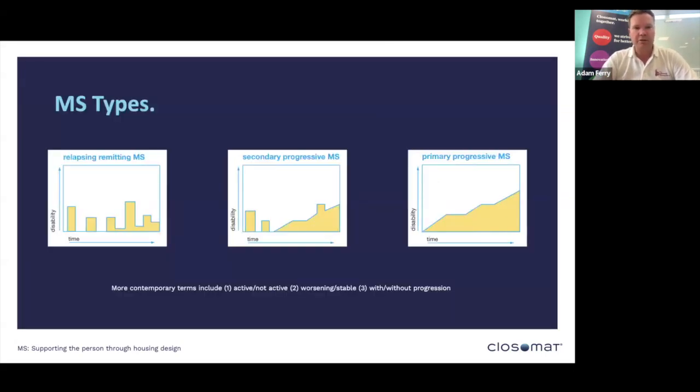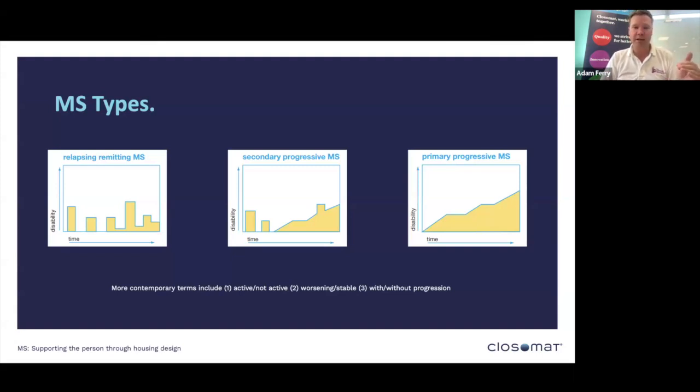So as I said earlier, there are predominantly three types of MS: relapsing remitting, secondary progressive, and primary progressive. These images from the MS Society website, I think, are really clear indicators of what that means and how they present for an individual. So relapse remitting is where someone could present with a relapse, and their level of impairment or disability, using the language within the diagram there, increases.